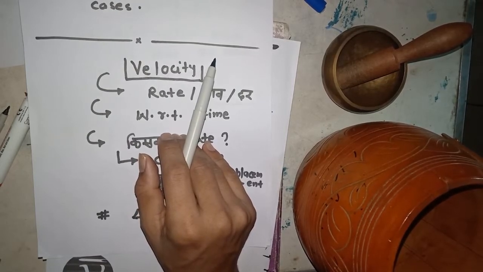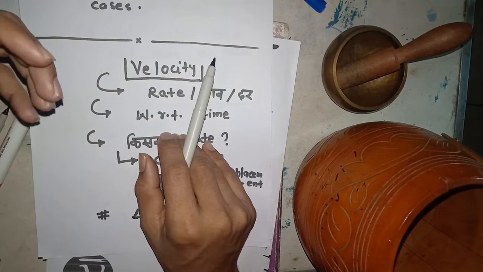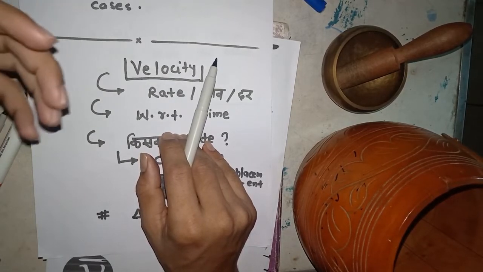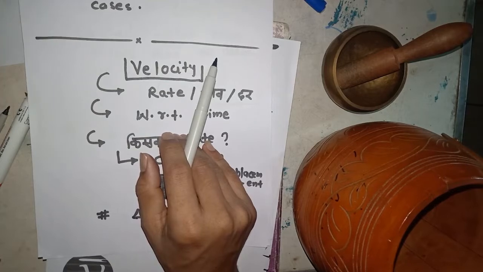You take 1 kg and find out the value in rupees, the money for 1 kg, with respect to some material. So here rate is with respect to mass.